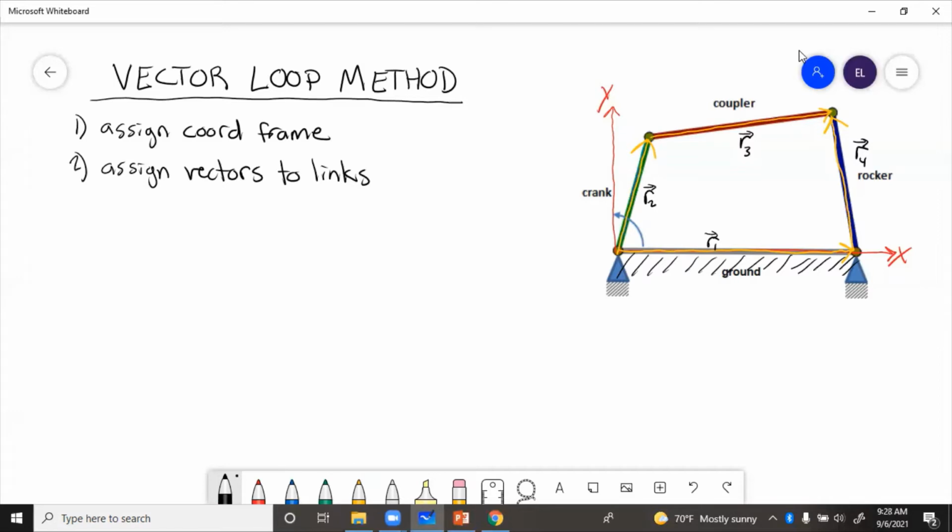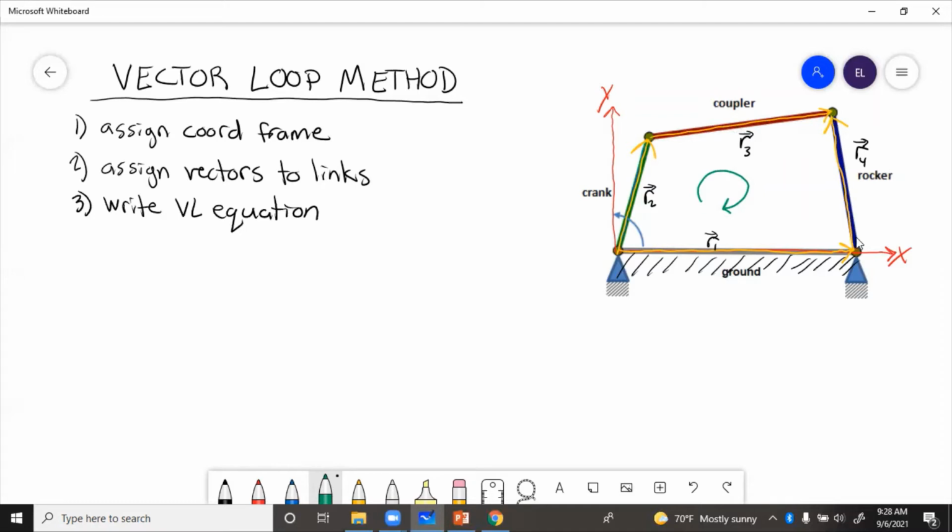So then the third step is to write the vector loop. So we have to go around the loop in one direction. We can either go clockwise or go counterclockwise. So if we go clockwise, then we'll start at the origin and we'll go along R2, so that will be positive, along R3, so that's positive.